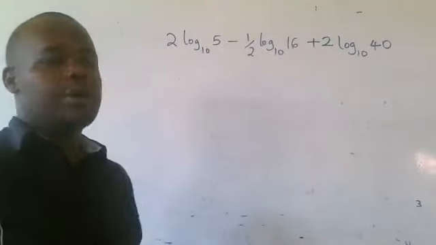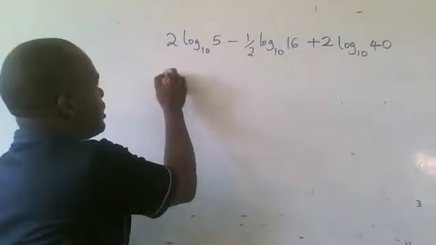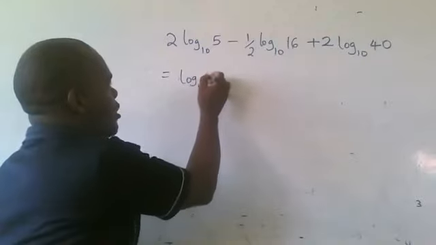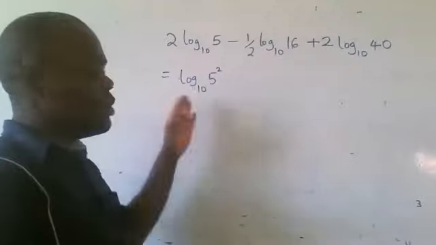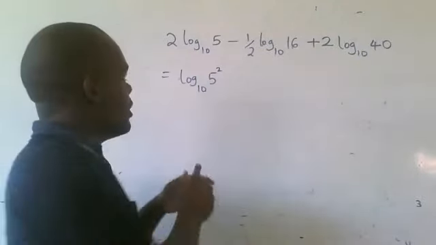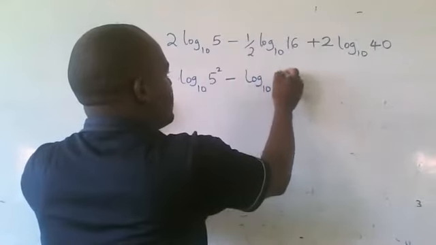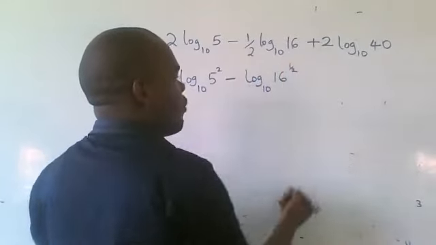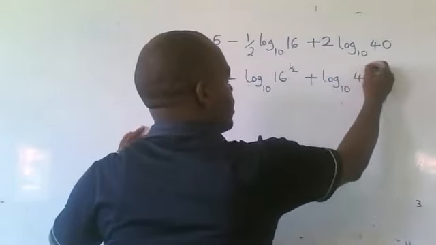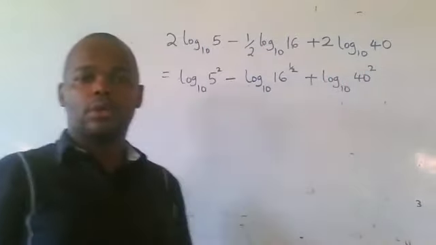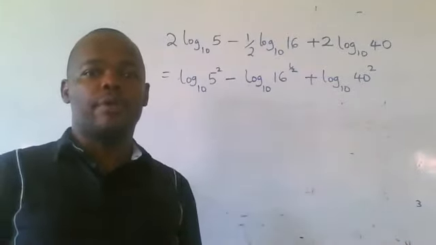So this is the same as log to base 10 of 5 squared, according to the third law of logarithm. And then this is log to base 10 of 16 power half. And this is log to base 10 of 40 power 2. Like that. So that is according to the third law of logarithm.